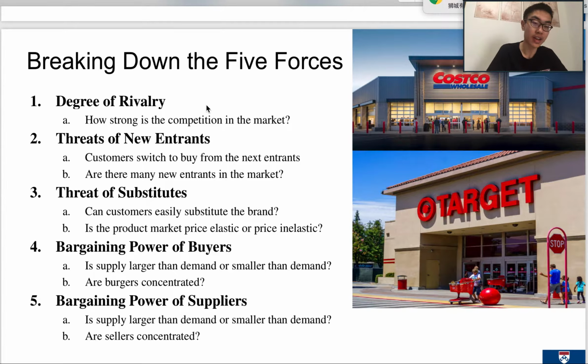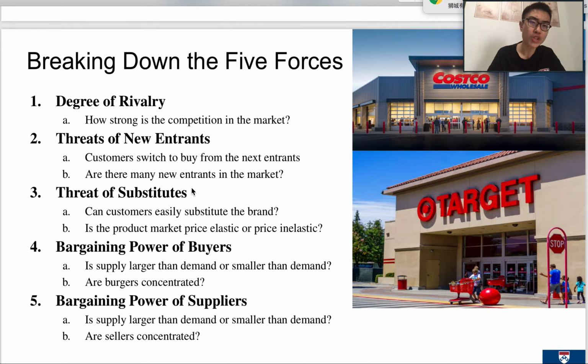It doesn't mean that if it is competitive you should not join this market, but it's something for your consideration. How strong the competition is, which we'll see later, is highly linked to new entrants, to substitutes, and also to bargaining power. So you will be able to make some links between these forces at the end of this video.